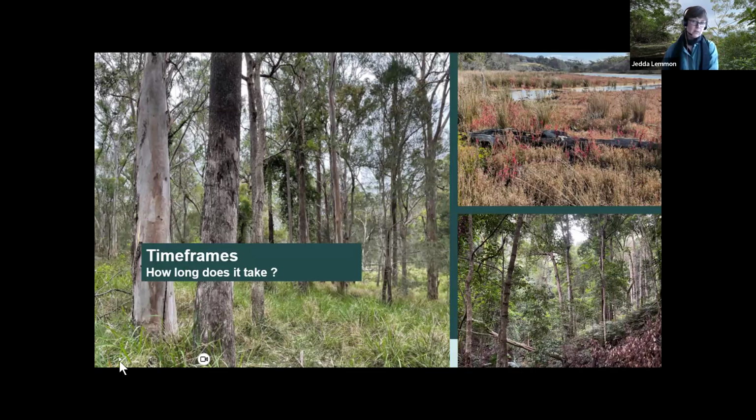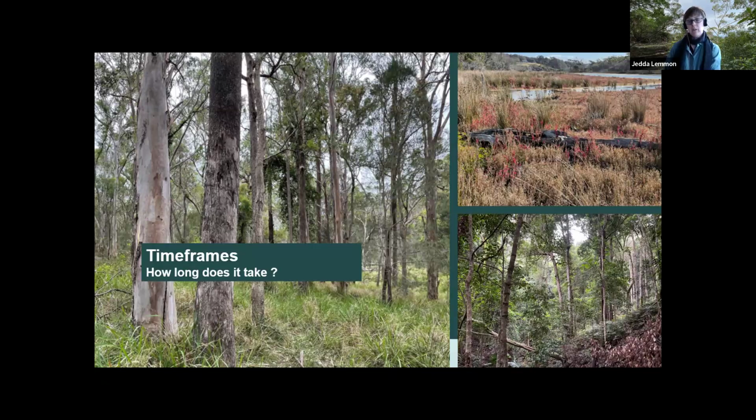So it really depends on that ecosystem. It also depends on the starting point and the condition it was in when you started, what disturbance pressures there are from weeds or pest animals browsing, and also what level of input you can have. But also different components of the ecosystem will establish at different timeframes.